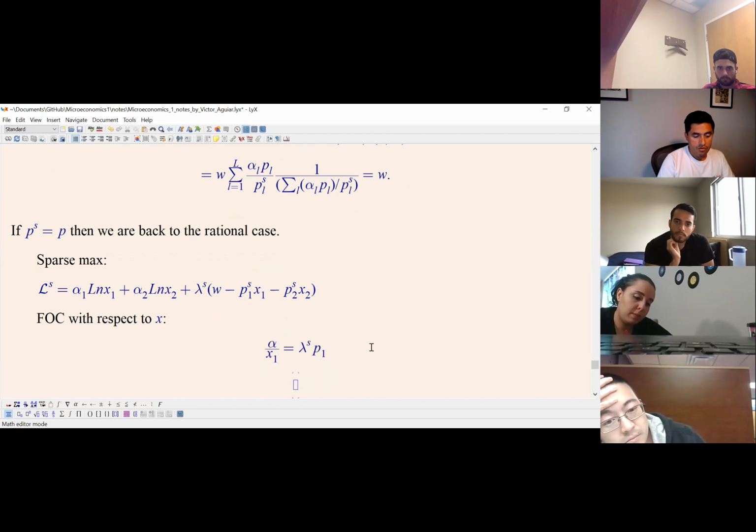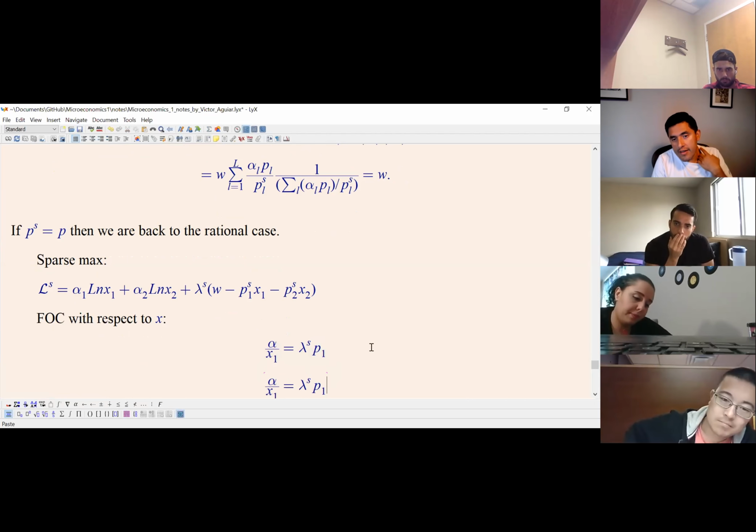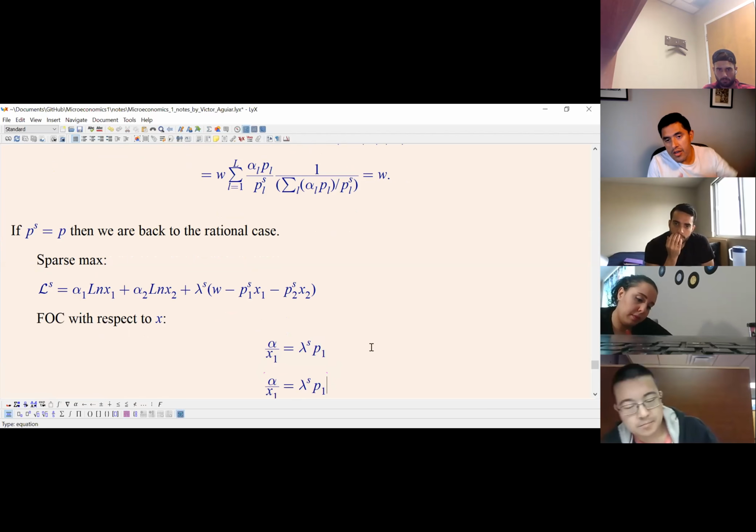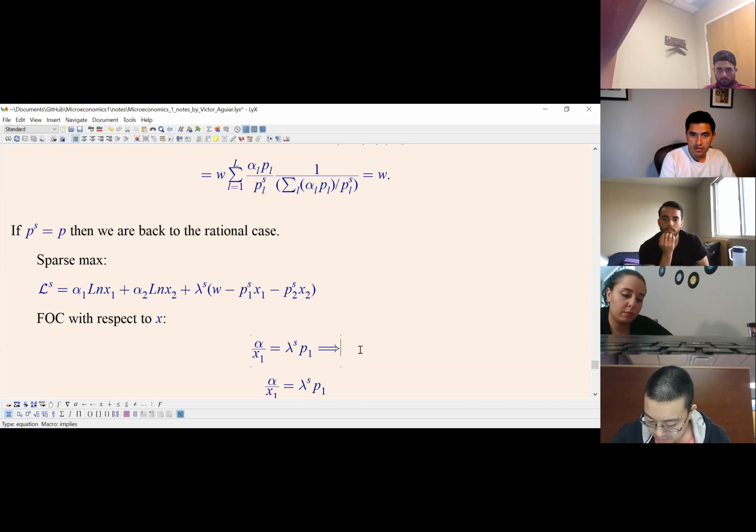And the same for the second good. So usually for rationality, what do you do here? You take the ratios, right? Because you want to eliminate the lambda s. But here the lambda s is a parameter, so there is no budget, right? So instead of that, I'm just going to take each condition and solve for x1, okay?